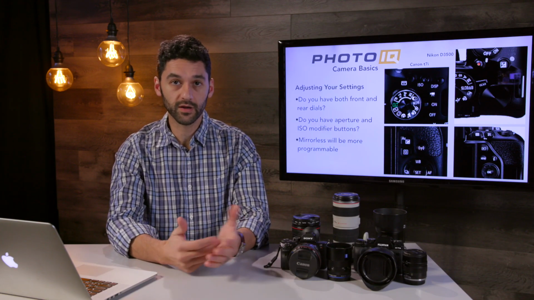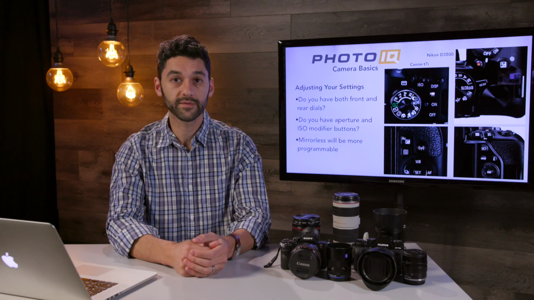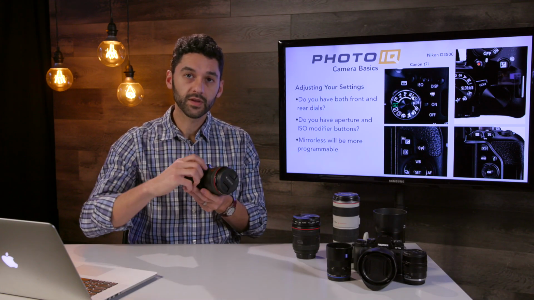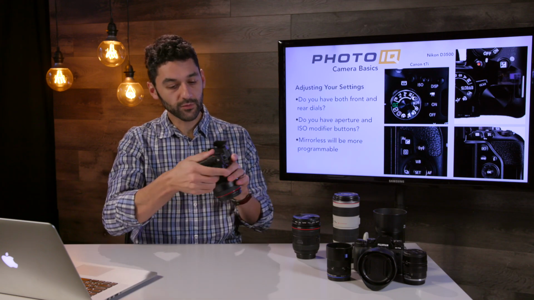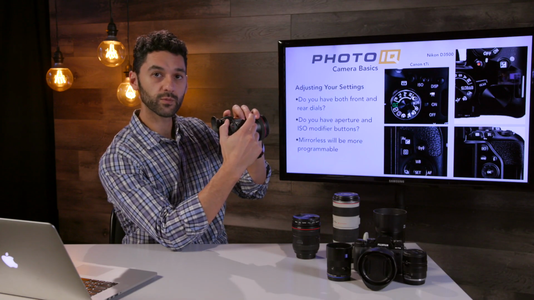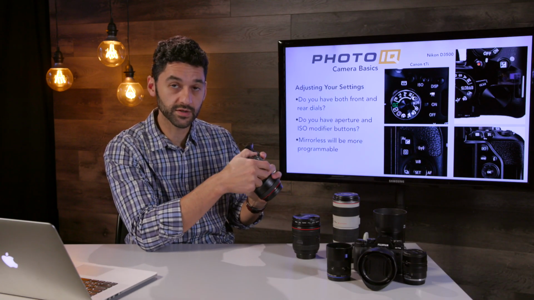Some cameras by default will come with different functions assigned to different buttons, but very typically if you do have a front dial, usually that is going to adjust your shutter speed. If you also have a rear dial, so one for your index finger and one for your thumb, the rear one is usually going to adjust your aperture.